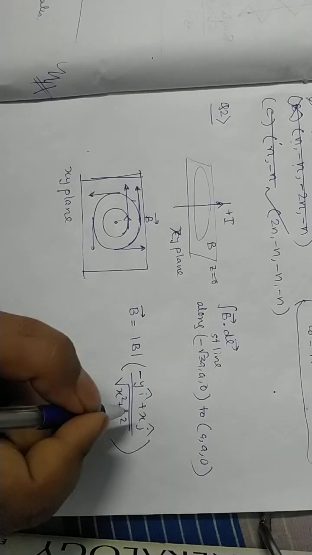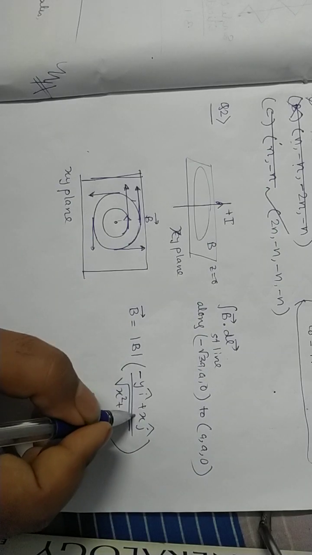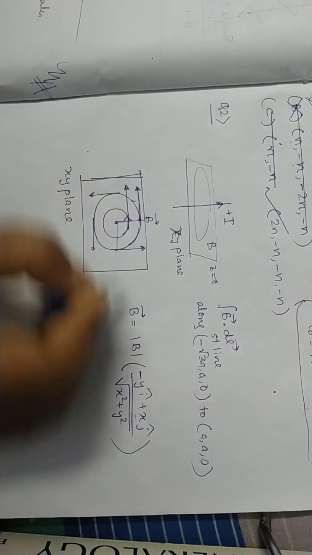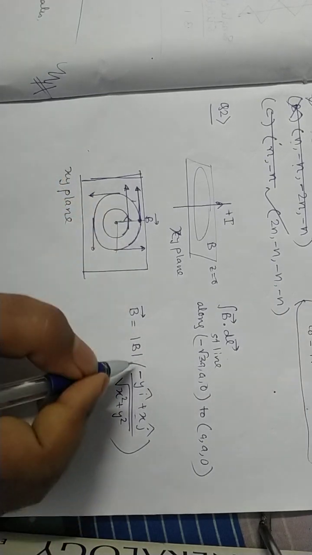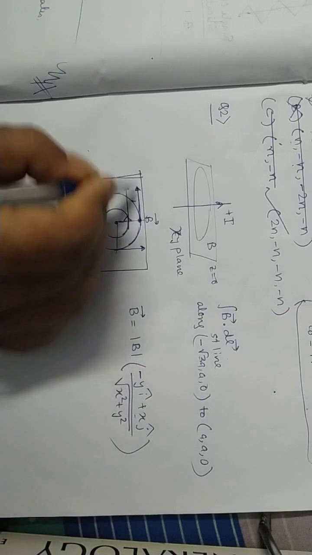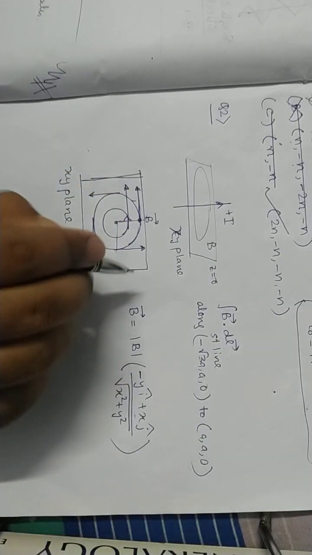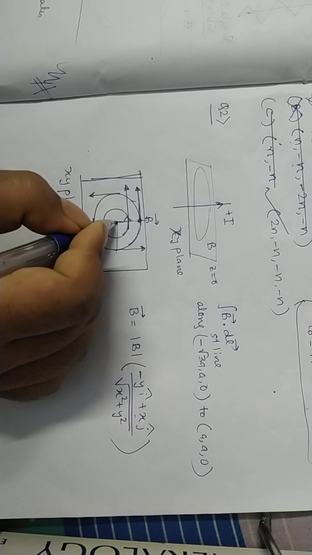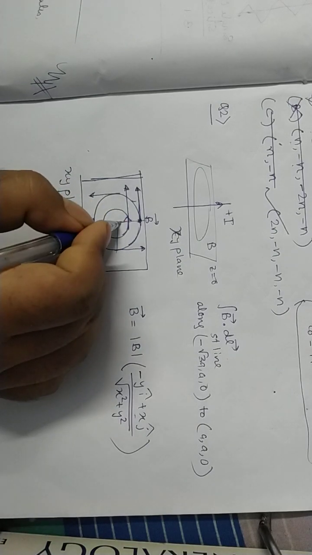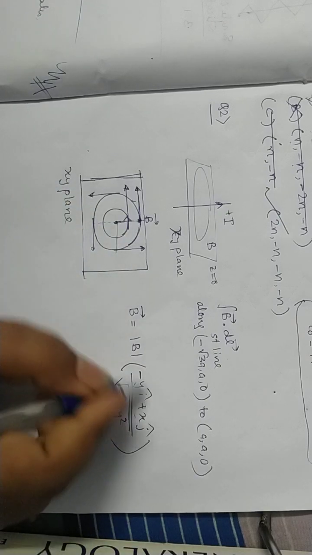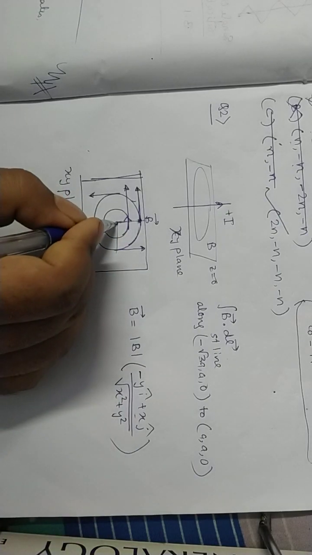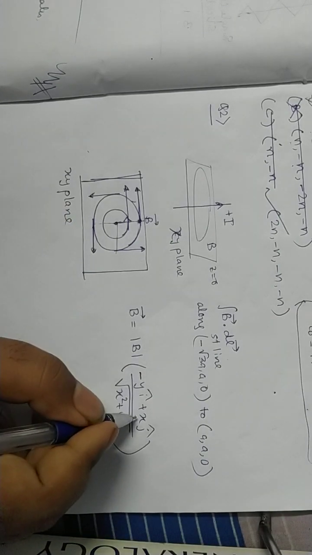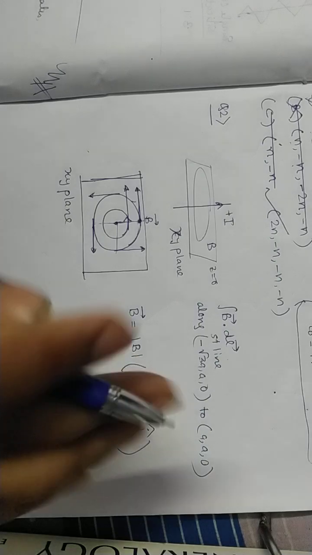Okay, you can check yourself. When x is 0, y is 1, the magnitude is minus 1. When x is 0, y is minus 1, the magnitude is this one. Okay, so this is the actual magnetic field.